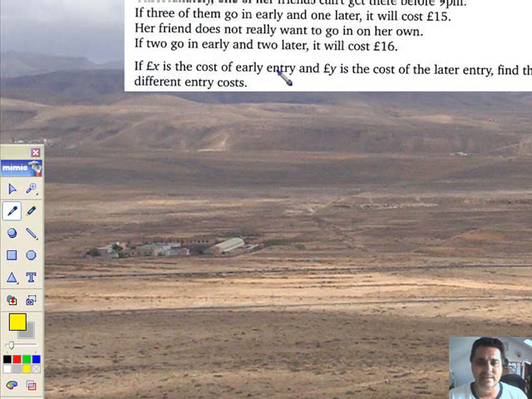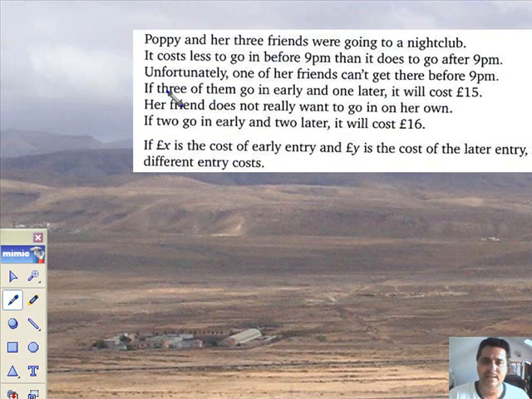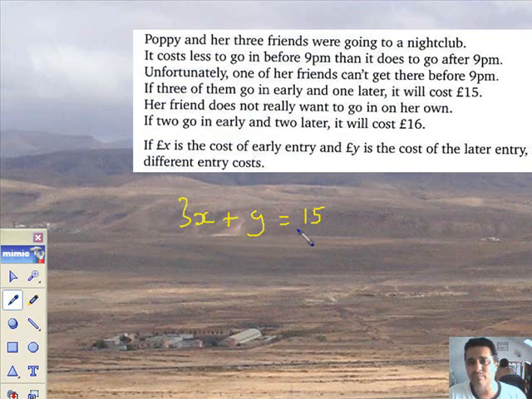Now X is the early bird and Y is the late bird, and find the 2 different costs of the entry. Right, let's go carefully. 3 of them go in early, so 3 lots of early pricing, 3 X's, plus 1 expensive late one, 1 Y, all comes to £15. That's 4 people, 15 quid.